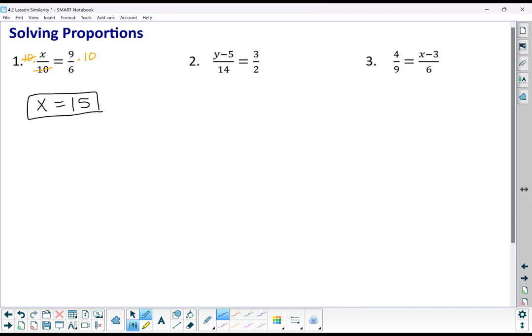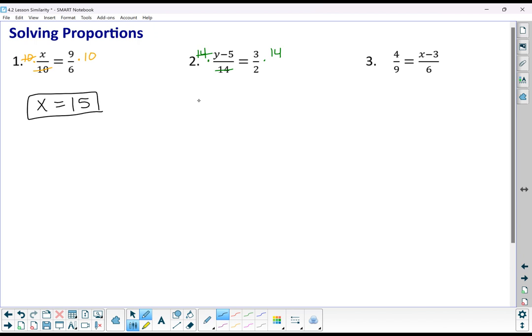In my next equation, I have y minus 5 divided by 14 is equal to 3 halves. So I have a y minus 5 instead of just a y or just an x. But we want to actually just treat that y minus 5 like it's our variable that we want to get by itself. Right now, the y minus 5 is divided by 14. So we want to multiply both sides of our equation by 14. That cancels out on the left.